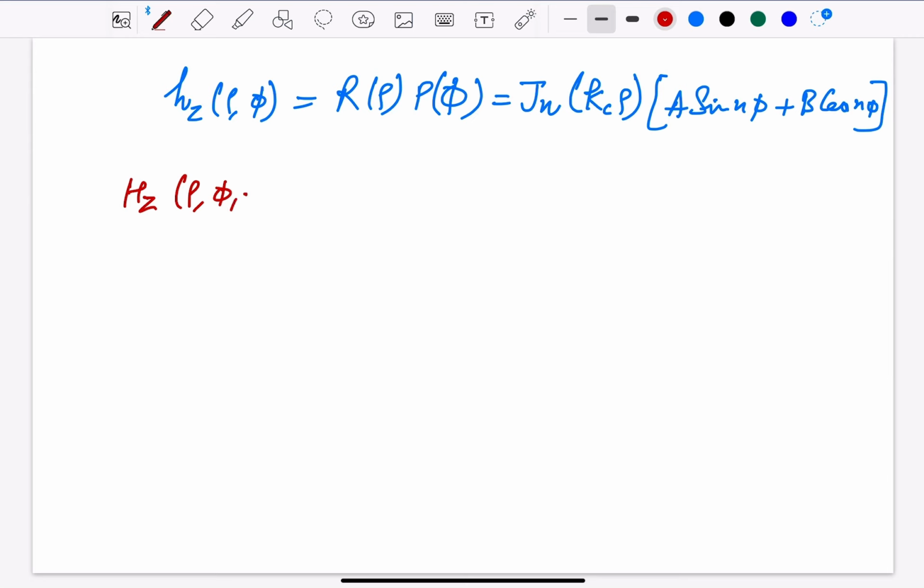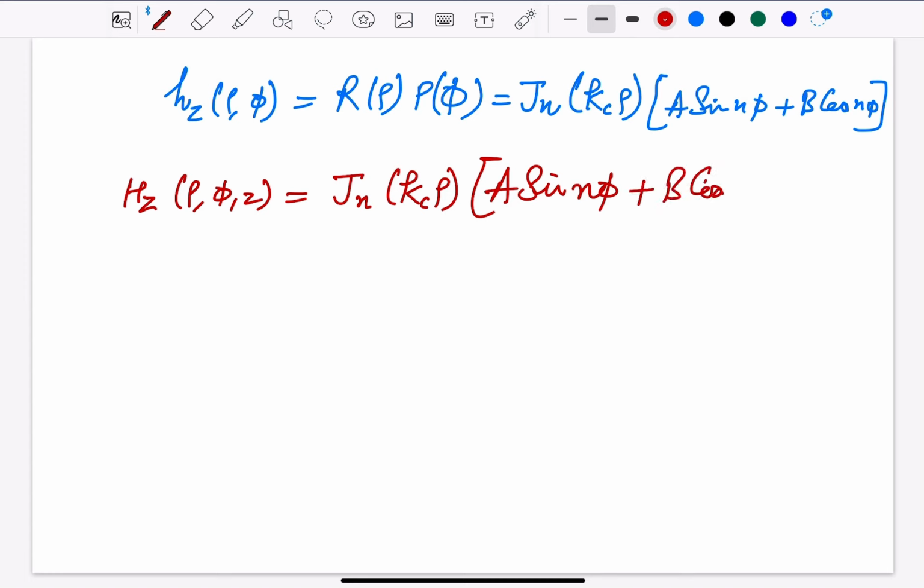The overall Hz of rho, phi, z is equal to Jn of kc rho, A sin n phi plus B cos n phi, e to the power minus j beta z. This is the overall Hz.